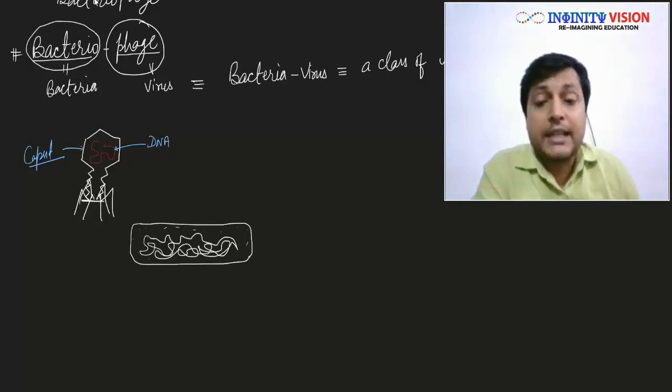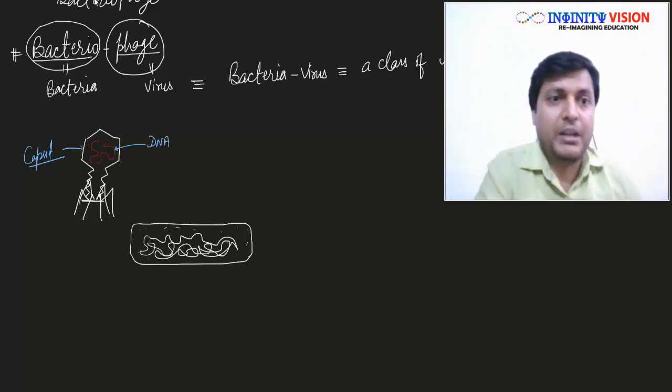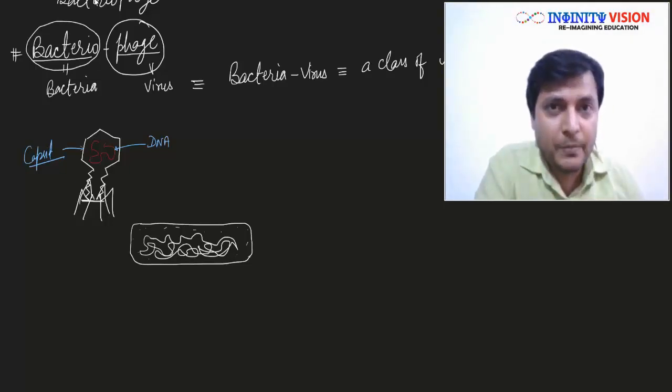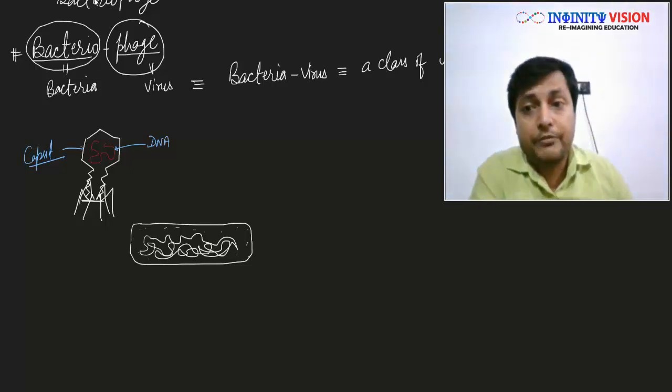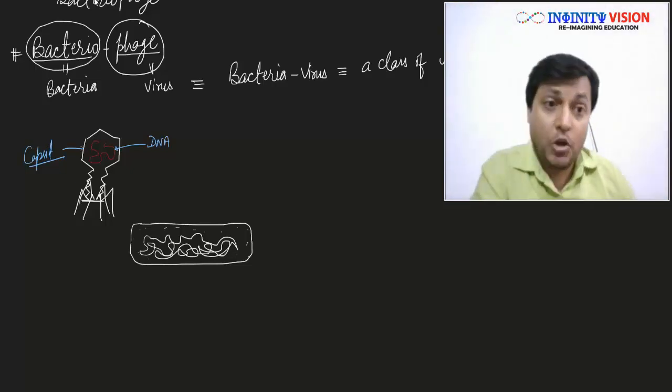Now, the size of the bacteria is typically in microns, a few microns, like 1 micron to, say, 5 microns. But the virus is incredibly small. They are in the range of like 20 nanometers, 50 nanometers, or even smaller than that.